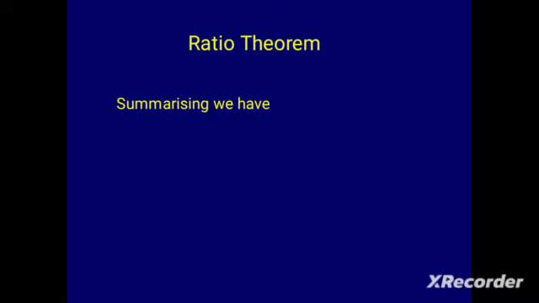Okay, as we close this lesson, let's do the ratio theorem. We will say something on the ratio theorem, because with the ratio theorem there is nothing which is going to change.